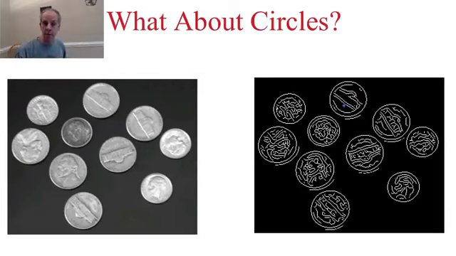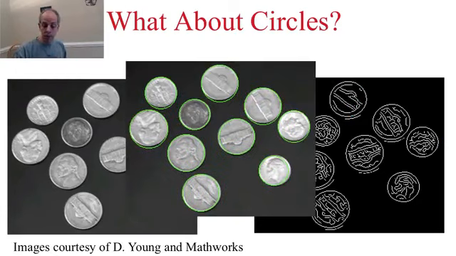There are going to be multiple votes for the real circles in the image, and then we detect them. And here they are. We went through the accumulator, found the top votes, and we get our results.